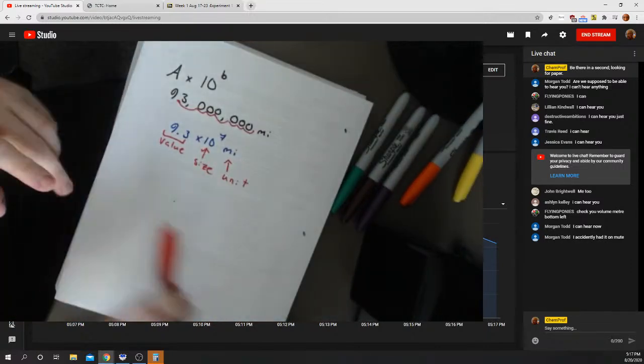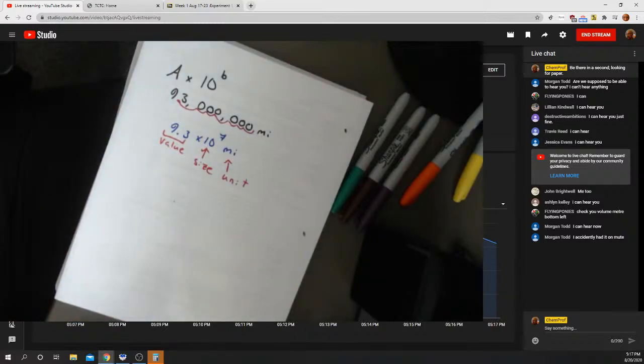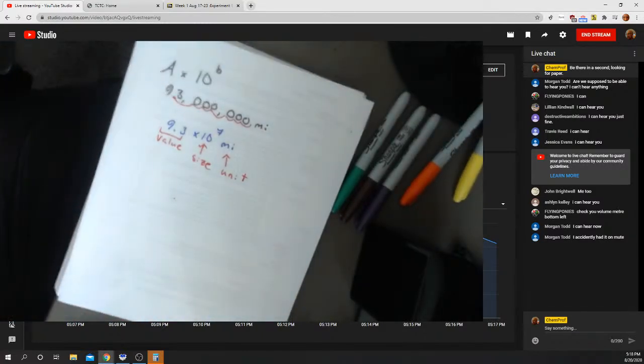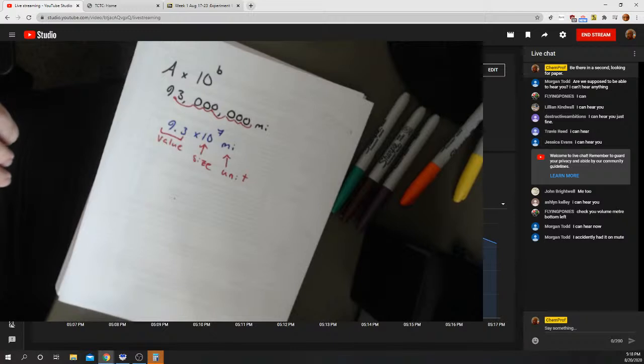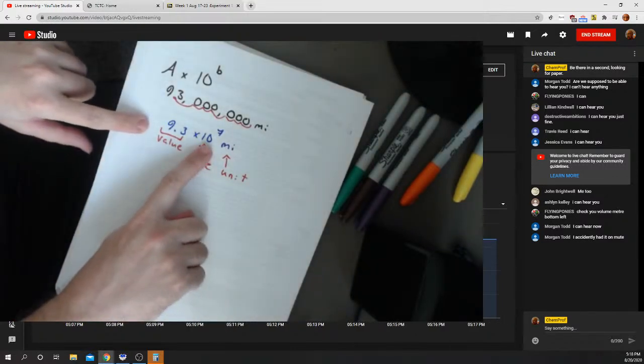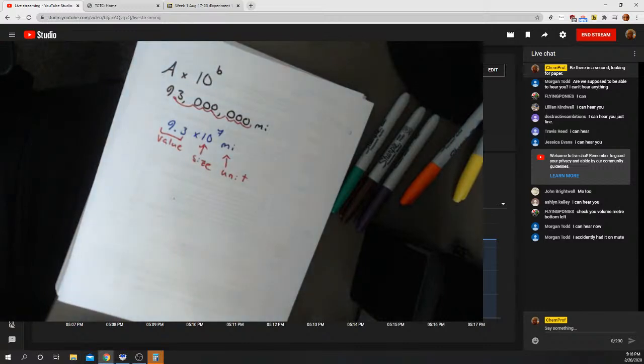So anytime we make a measurement, those are the three portions of the measurement: the value, the magnitude, and the unit. Those are different pieces of information, and it is useful to be able to separate the value of the measurement and the size of the measurement. I'm bringing that up now because I think it's helpful for understanding significant figures. We'll get to that later.